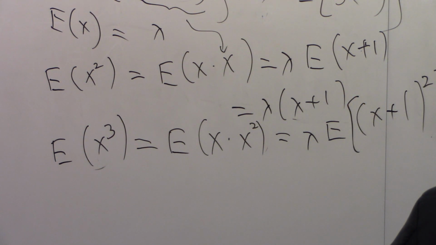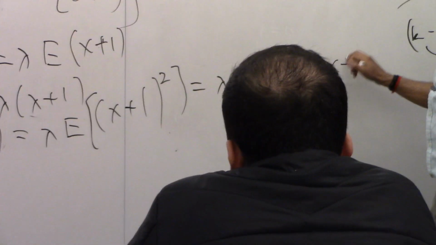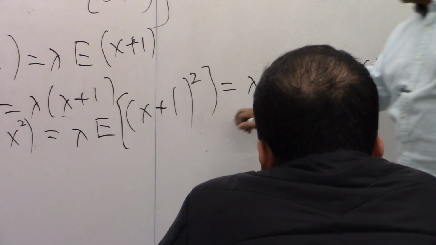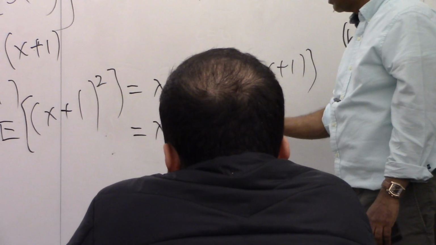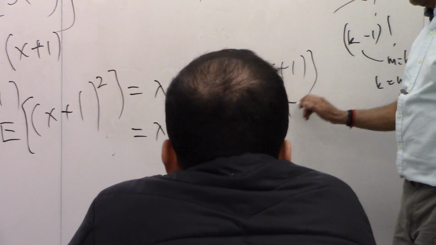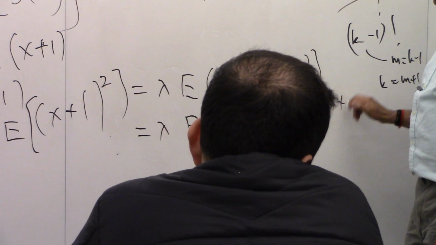If you expand it, it is the expected value of x squared plus 2x plus 1. So that's lambda multiplied by the expected value of x squared plus 2 multiplied by the expected value of x plus 1.